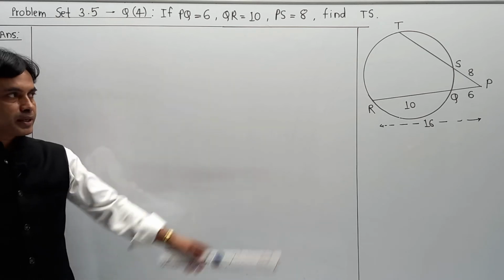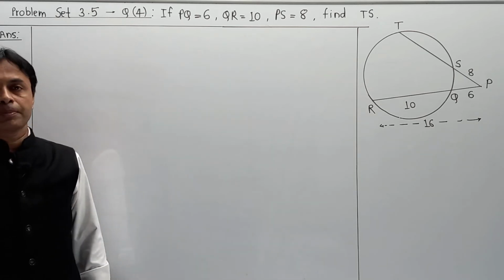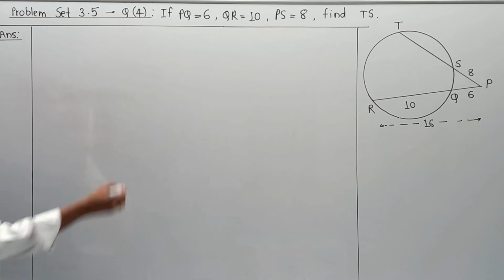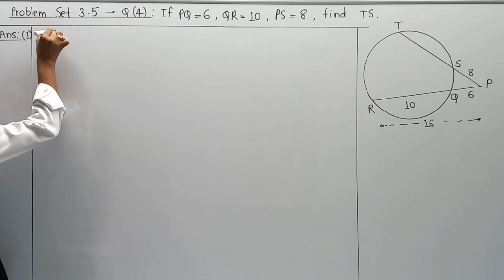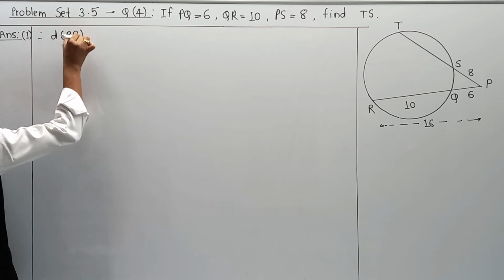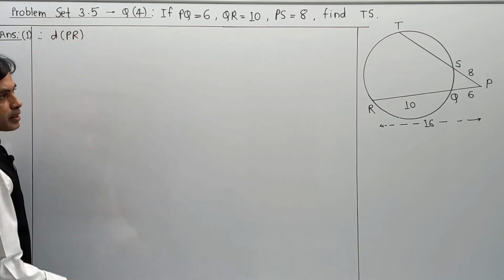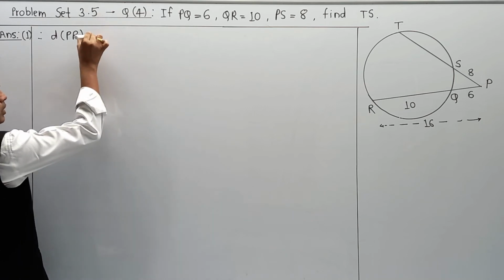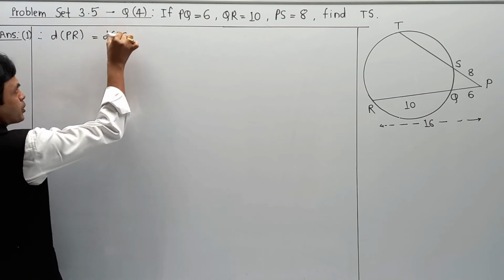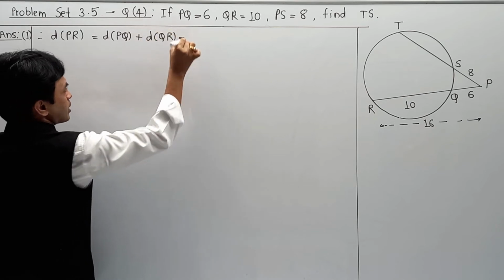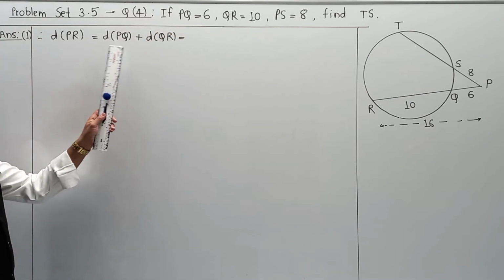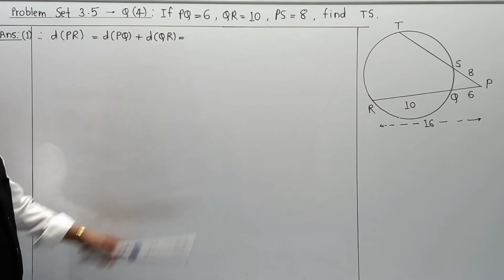Now here, one by one. First of all, we are going to calculate PR according to the diagram. So my first part is distance PR, and distance PR is nothing but distance PQ plus distance QR. As per the given values, distance PQ is 6 and QR is 10.